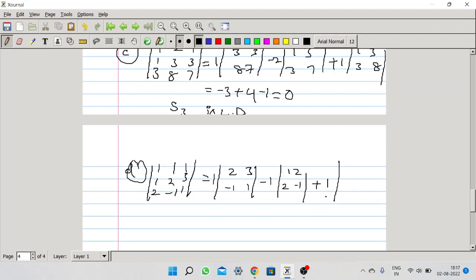See, here 1 3 2 minus 1. This is 1 3 2 minus 1. Here 1 times 1 2 2 minus 1.